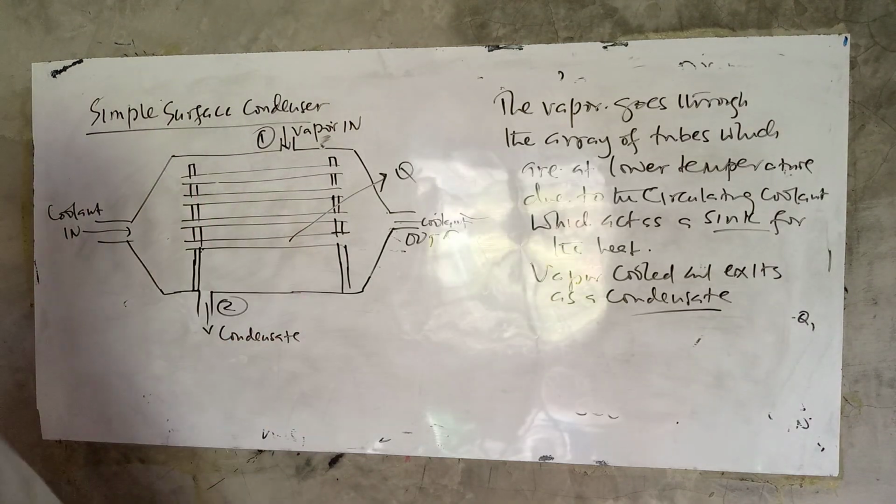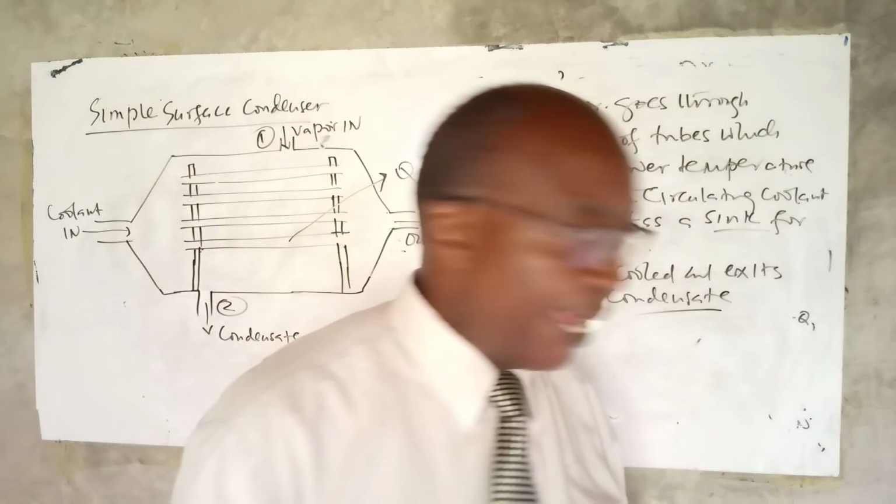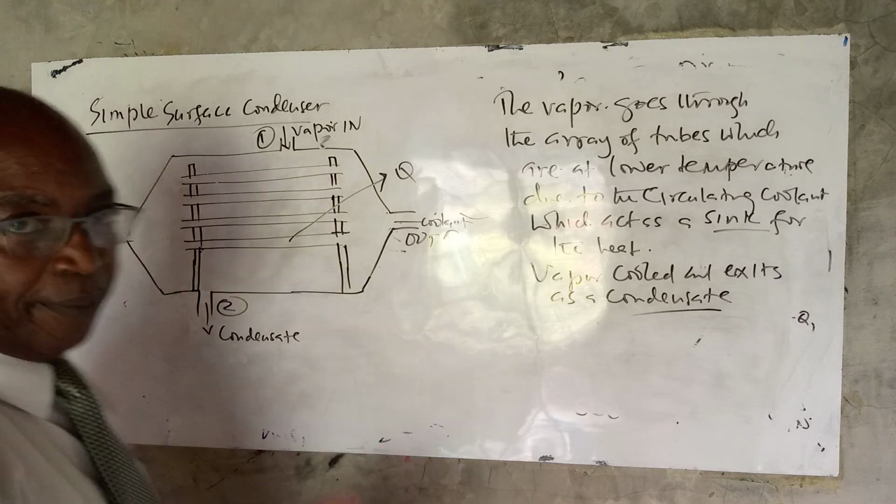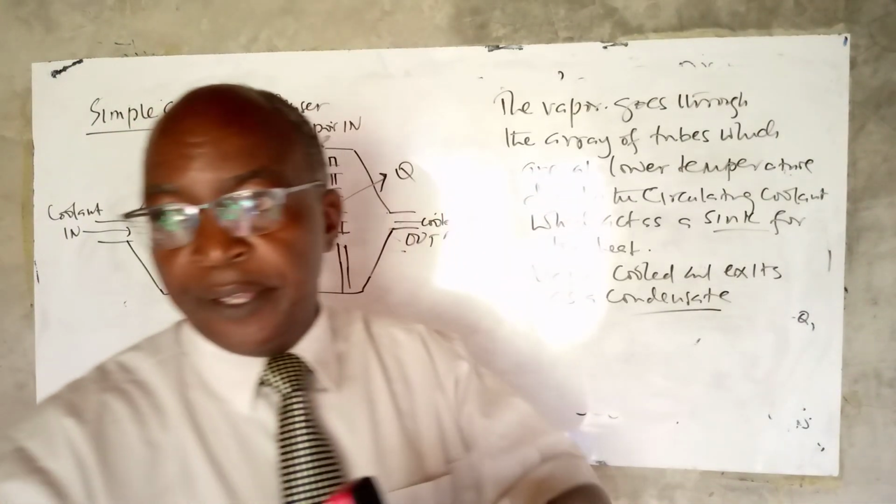Now, the only difference between this and the simple water tube boiler is that the expression will be the same for the steady state flow equation.